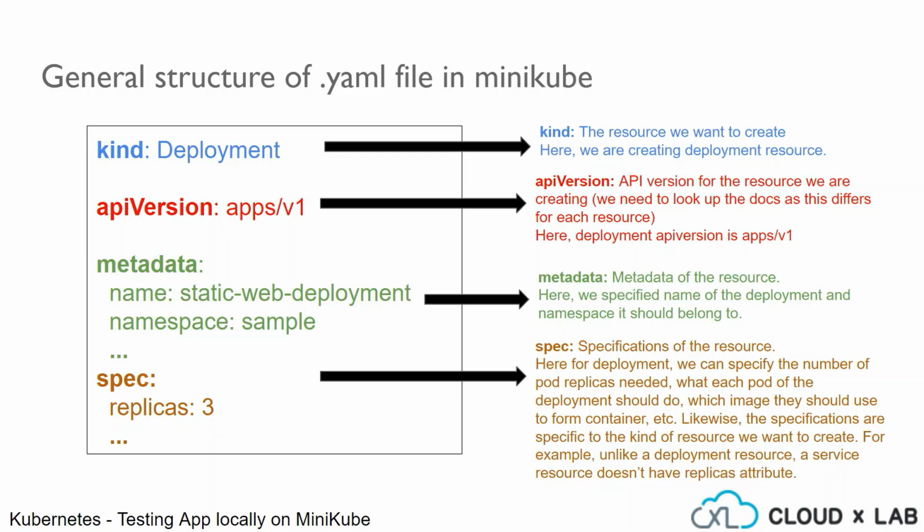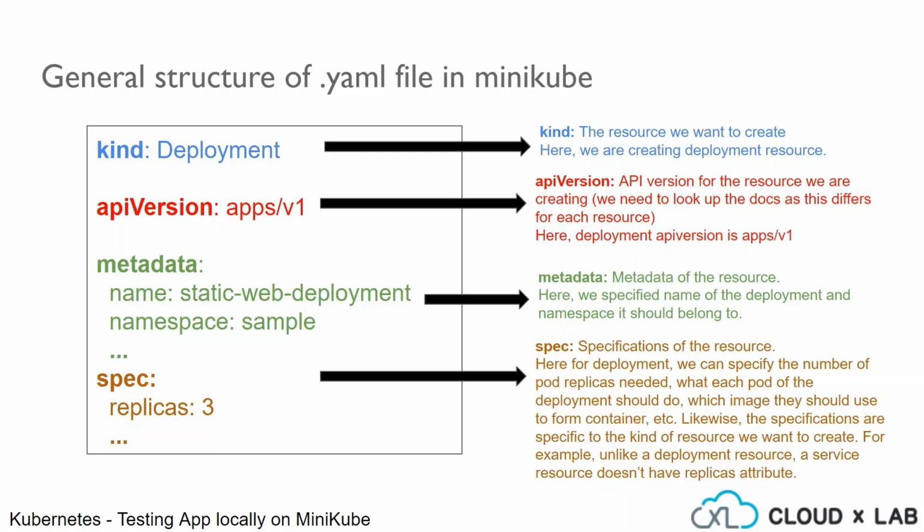We need to look up the docs as this differs for each resource. Here, the deployment API version is apps/v1. The metadata keyword mentions the metadata of the resource. Here, we specified the name of the deployment and the namespace it should belong to.